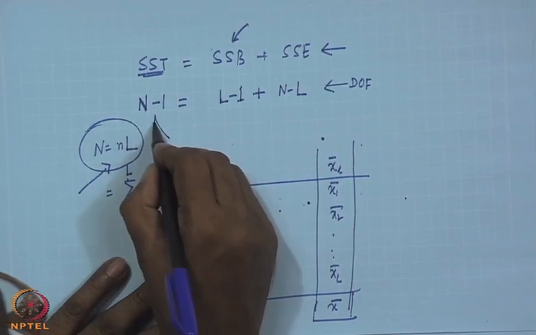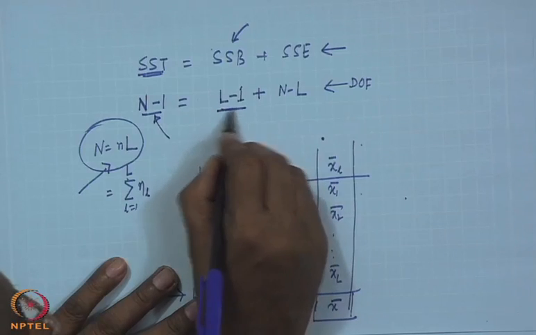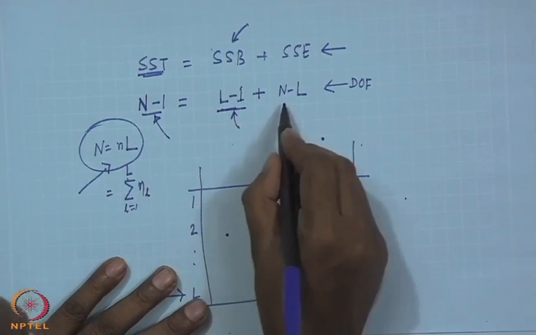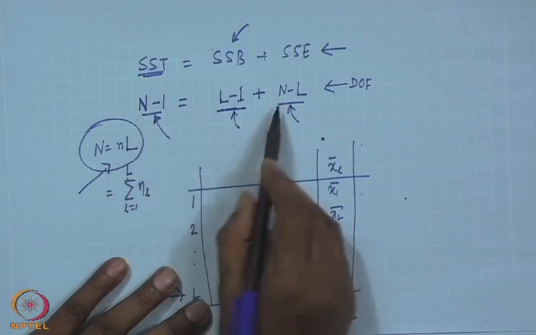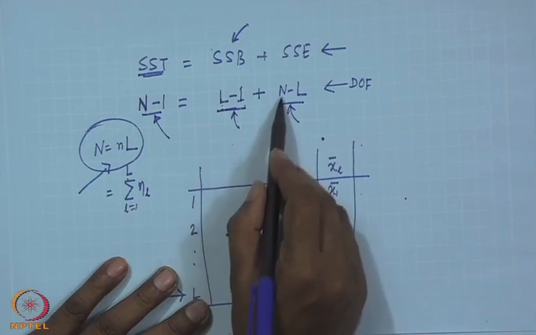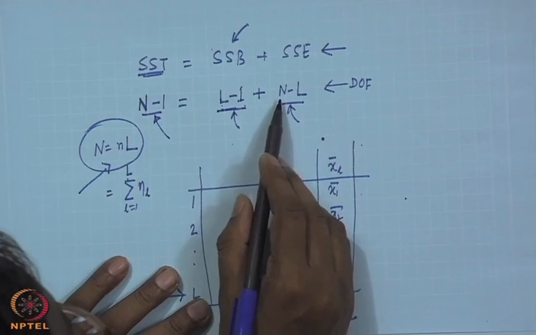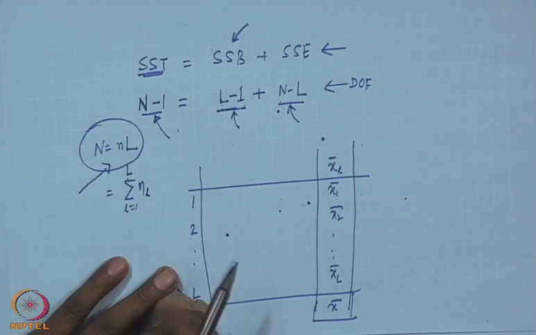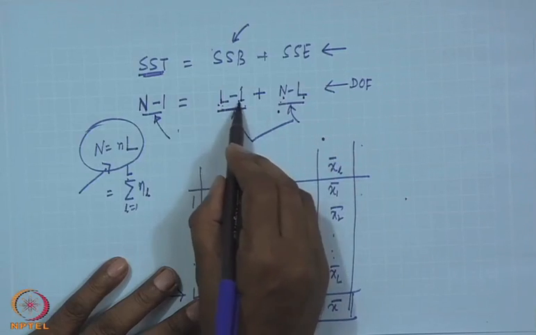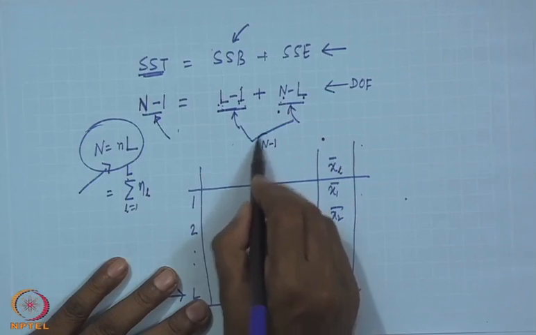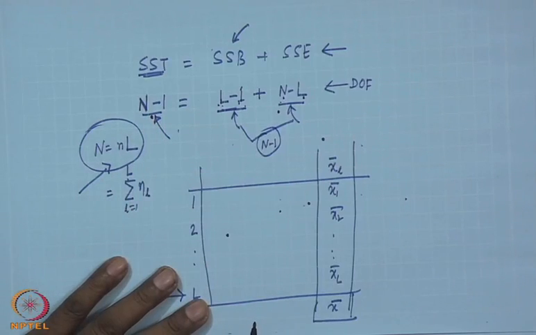So, the total degrees of freedom is n minus 1, SSB's degrees of freedom is L minus 1, and SSE's degrees of freedom is n minus L. If you sum L minus 1 plus n minus L, it is nothing but n minus 1. On the right hand side, n minus L plus L minus 1, the sum total will be n minus 1, which is equal to this. Keep this in mind.